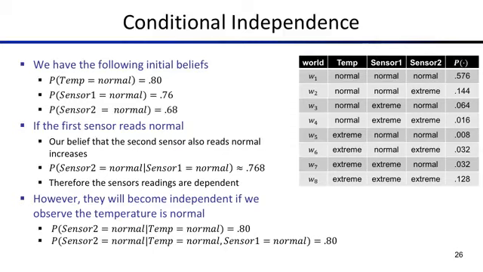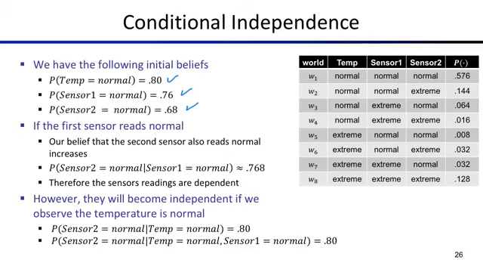But let's compute some initial probabilities. So the probability of temperature being normal is 0.8. The probability of sensor 1 being normal, 0.76. And the probability of sensor 2 being normal, 0.68. So they are not exactly the same, but they are somehow correlated.